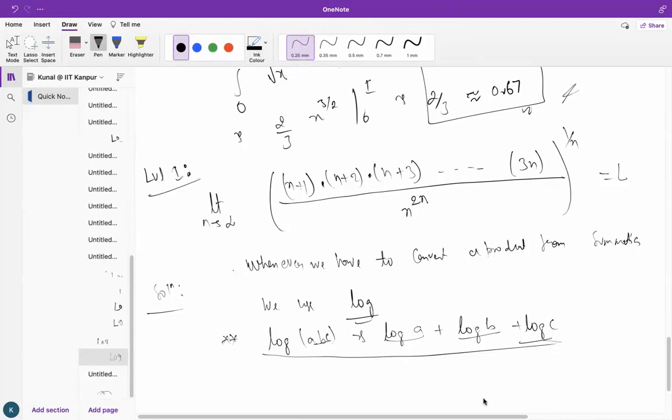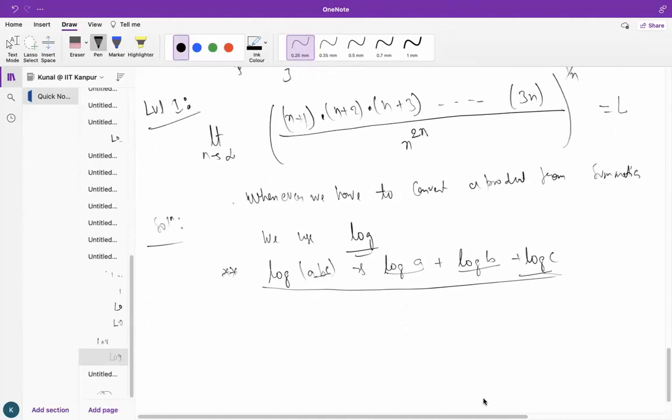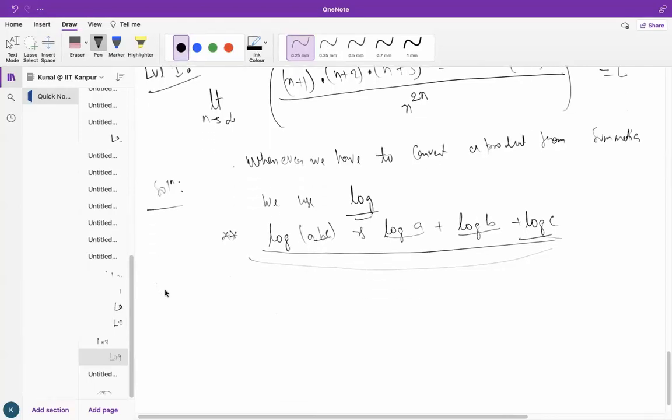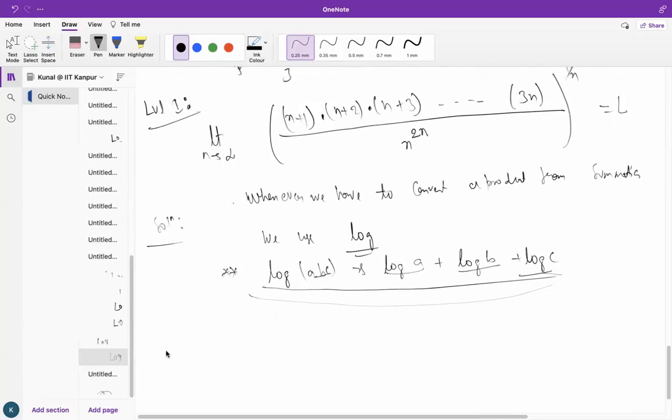So what I'm trying to say is, let's use this logarithmic property to solve this problem. Okay, let's start solving. Our given question looks something like this; let me write it here again.